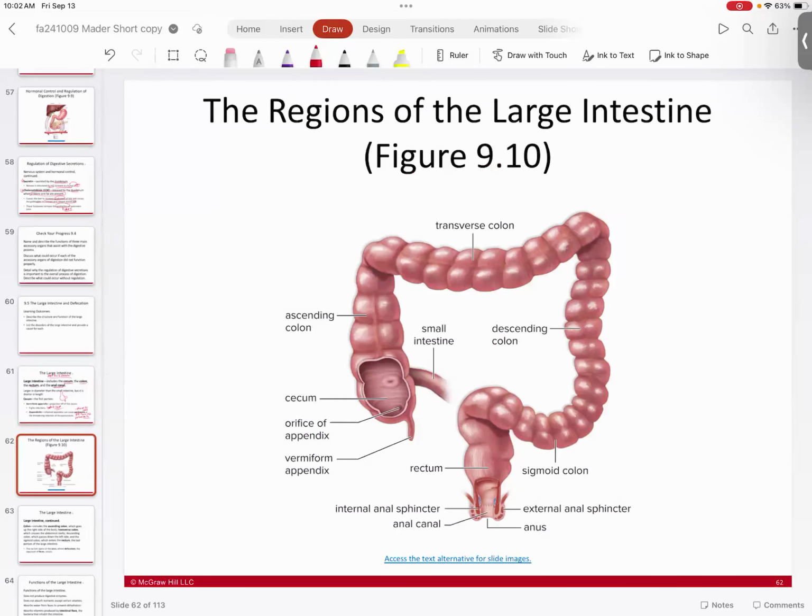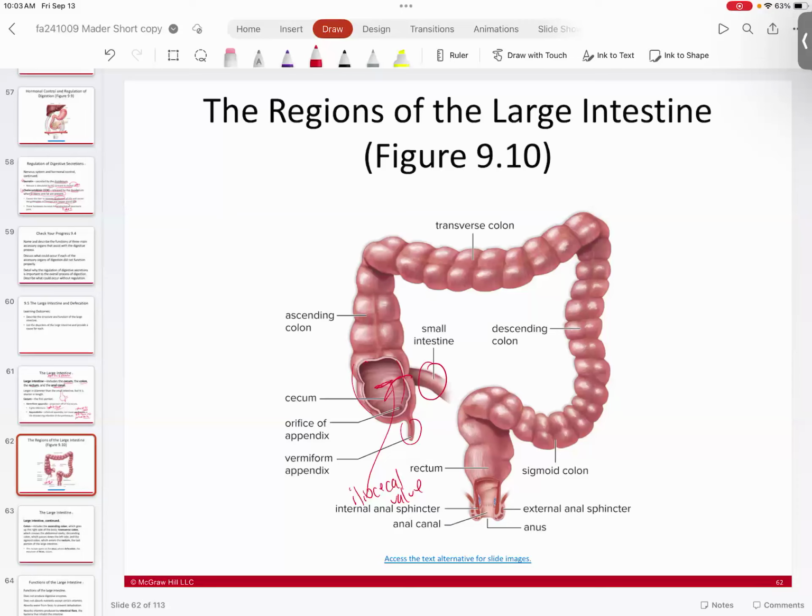So here's your small intestine, the so-called ileum at the end, the last part of the small intestines. It's going to basically eject the chyme through this little opening right here. And that little opening, I'm not sure why they don't have it labeled here, is the ileocecal valve. It's another sphincter. And so it'll fill up your cecum full of chyme. And of course, here you can see your appendix.